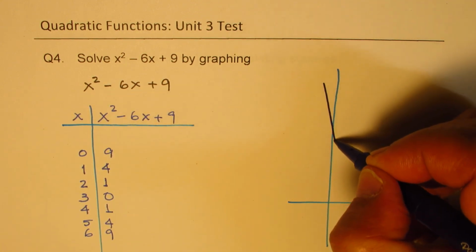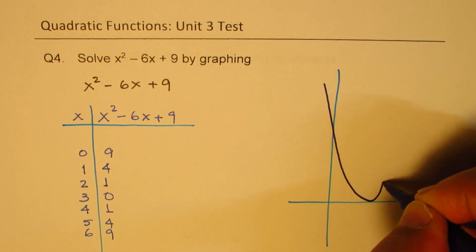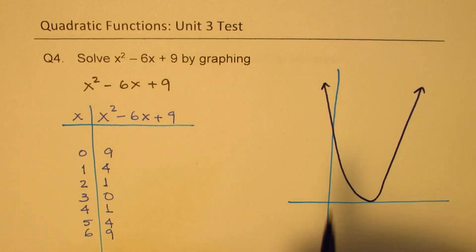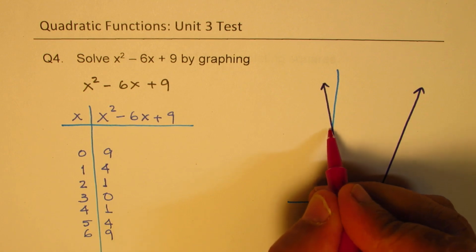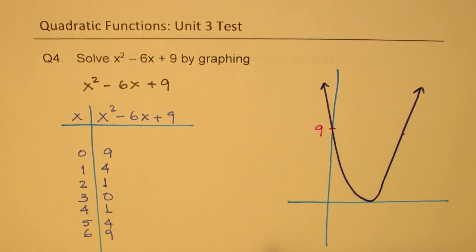So let me just sketch a parabola first. Somehow it should be like this, right? Where the solution, so that value, the y-intercept, will be 9, and this value, where we have a turning point, the minimum, will be at x equals 3, correct?